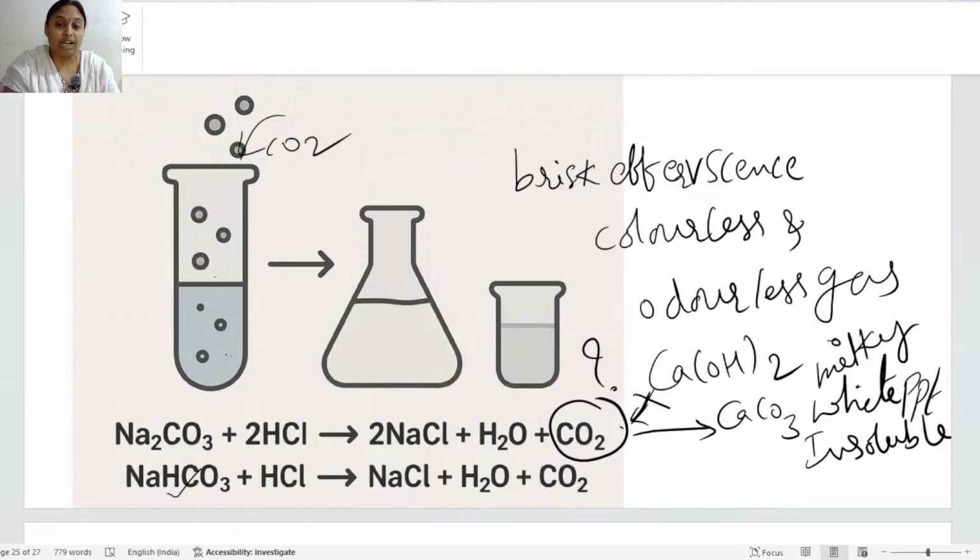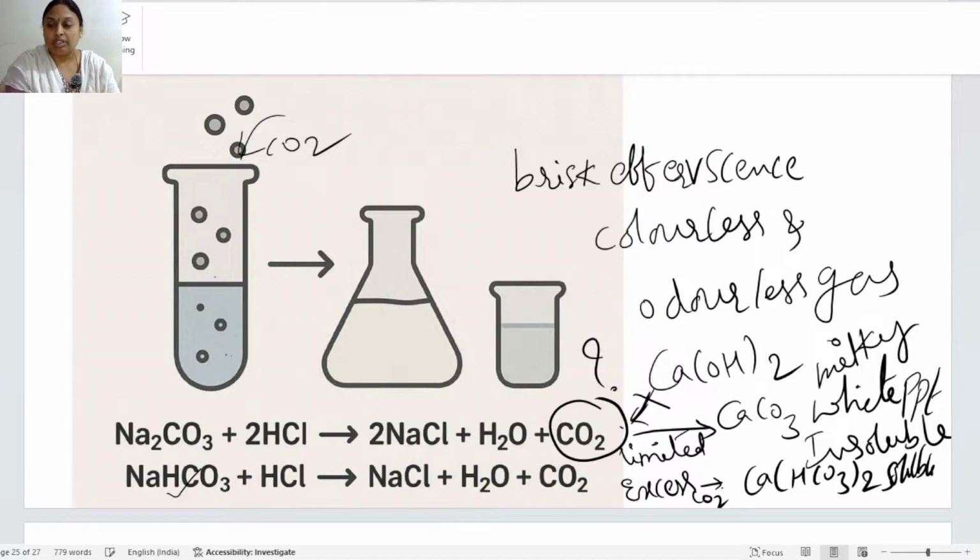But in the second condition, if we pass a limited amount, then we get it like this. If we pass excess carbon dioxide, then we get calcium hydrogen carbonate, which is a soluble, clear solution. Instead of calcium carbonate, it turns to calcium hydrogen carbonate, which gives the clear solution.